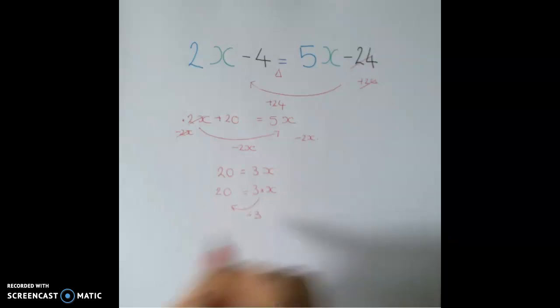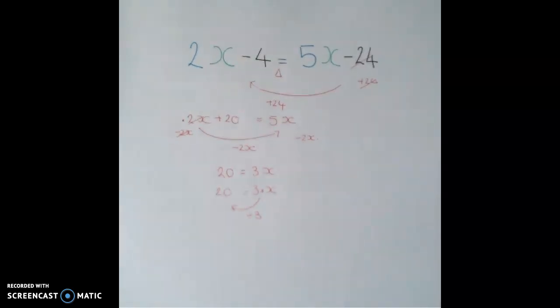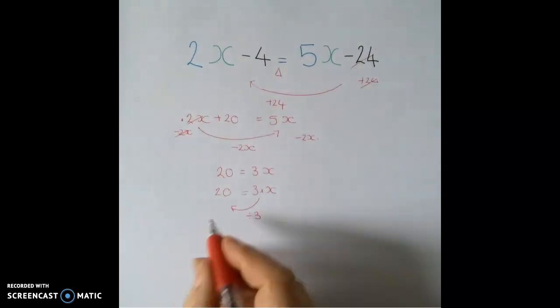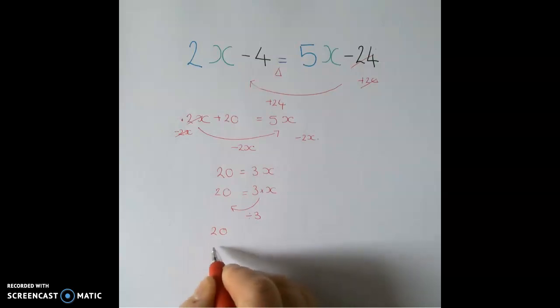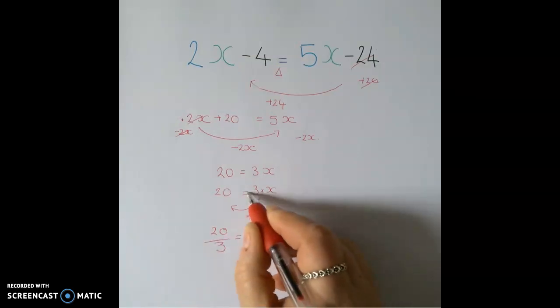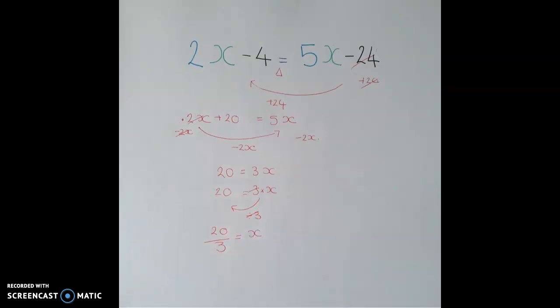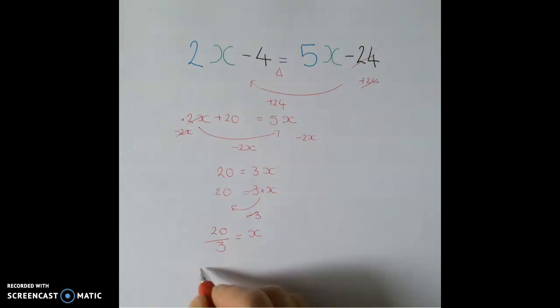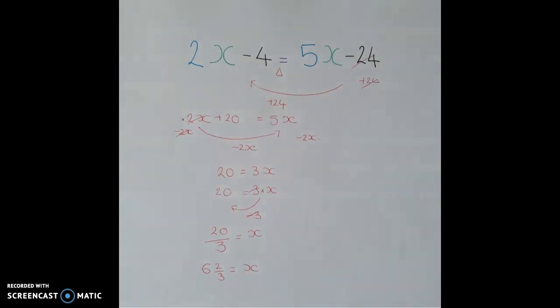So I need to divide by 3 to move it across to the other side. And then that becomes 20 divided by 3, and that cancels out, equals x. Okay, and 20 divided by 3 is 6 2/3. So x equals 6 2/3.